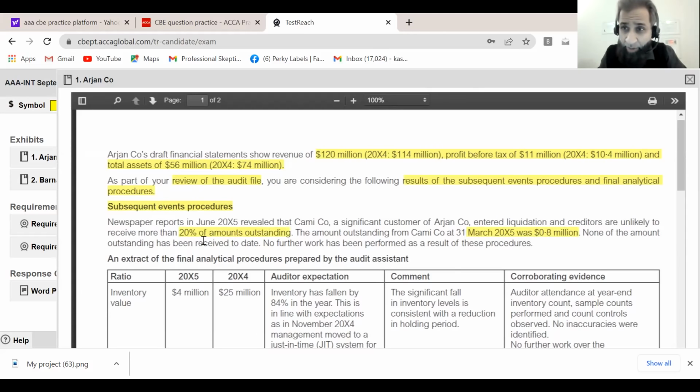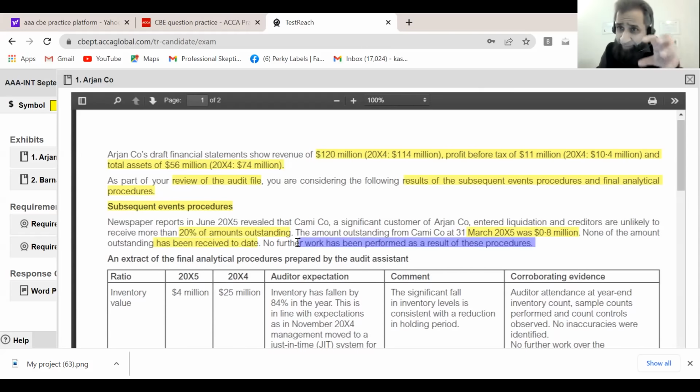None of the amount outstanding has been received to date. So we have not received any amount yet by the time we are carrying out the review. We are carrying out reviews in somewhere like June, and up to June, no amount has been received from Chemi Company. No further work has been performed as a result of these procedures.